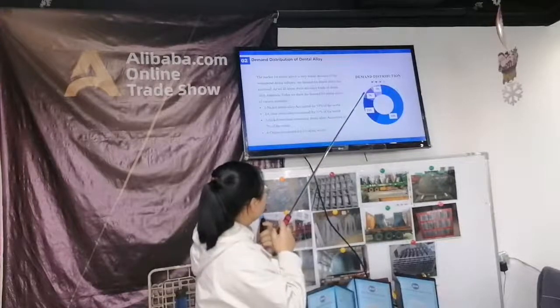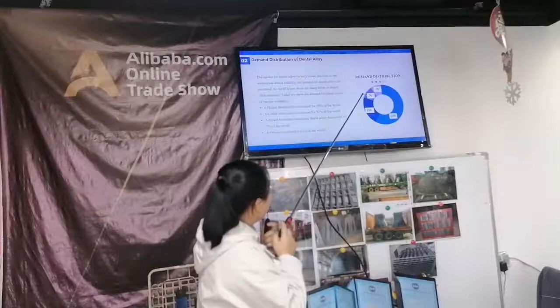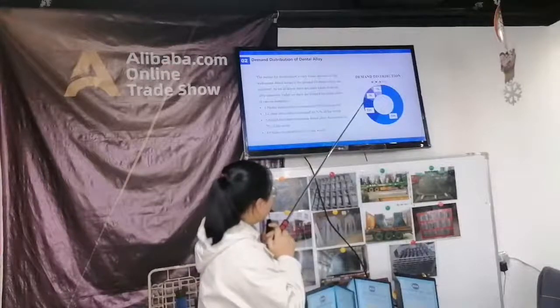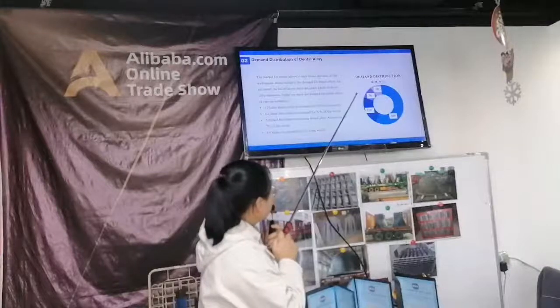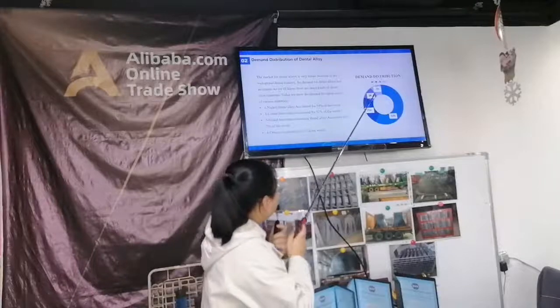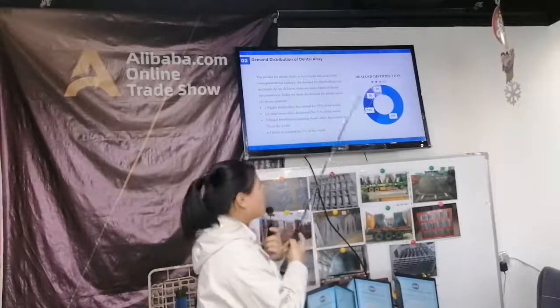The third one is nickel beryllium containing dental alloy, accounted for 7% of the world. The last one is others, accounted for 3% of the world.